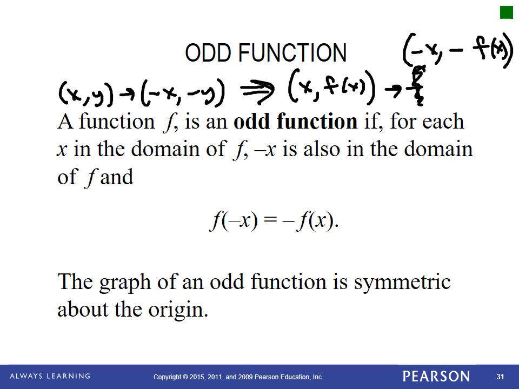Okay, we're good there? So here it is, plugging in a negative gets me the opposite of my original function. Therefore, I have symmetry about the origin. Technically, it's y-axis symmetry, and then flipped. All right, let's see an example here, and then we'll go on from there.